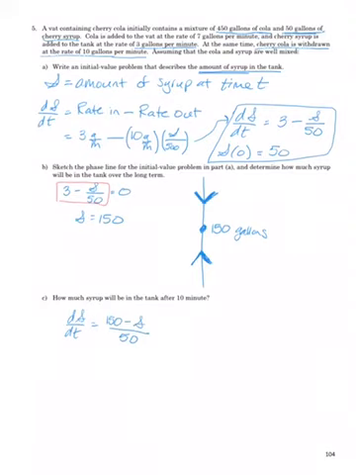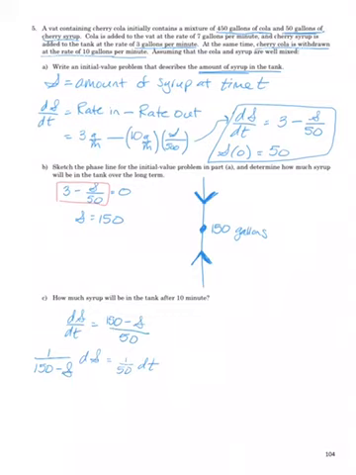That's equivalent to 3 minus S over 50. Okay, so to make this separable, I need everything with an S in it on the left, anything with a t in it on the right. So I'm going to have 1 over 150 minus S dS equals 1 over 50 dt.